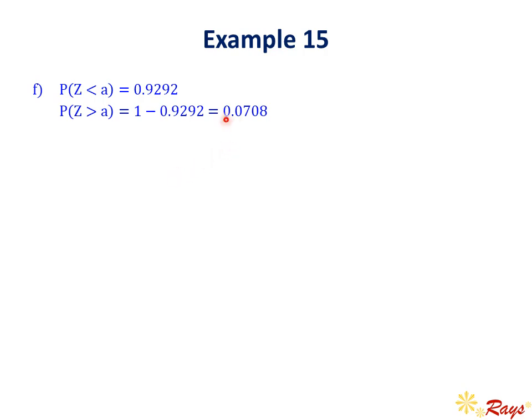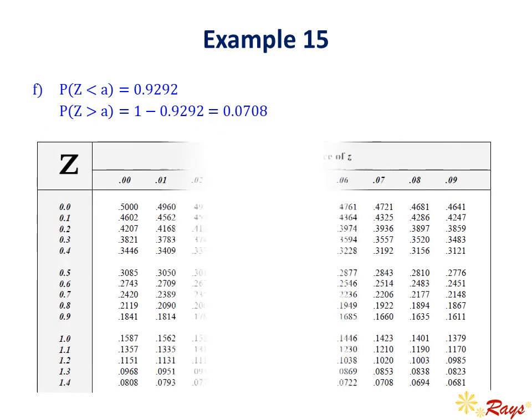And we know that the probability of the smaller area on the right is 0.0708, which is taken from subtracting 0.9292 from the probability of the total bell curve. So therefore, the question now reads as find the value of A given the probability of Z greater than A is 0.0708.